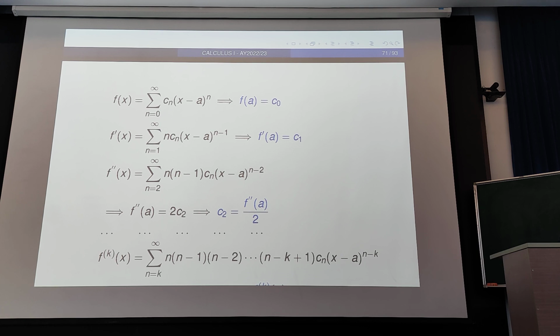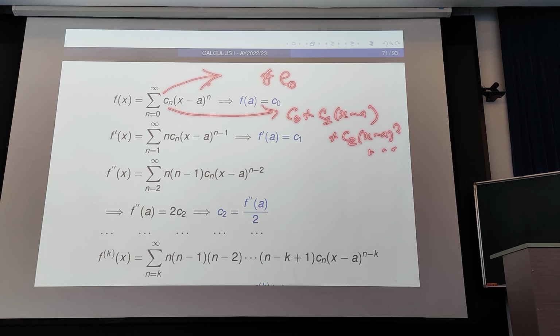That means when you substitute x = a, this infinite sum contains only one term, which is f(a), c0, right? Because this is nothing but c0 plus c1(x minus a), plus c2(x minus a) squared, and so on, right?